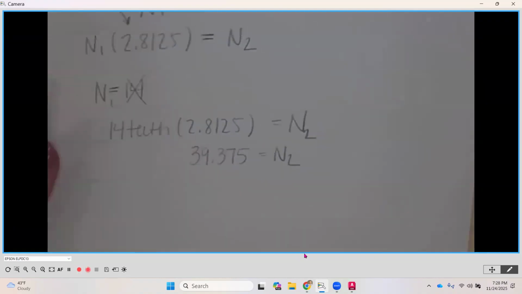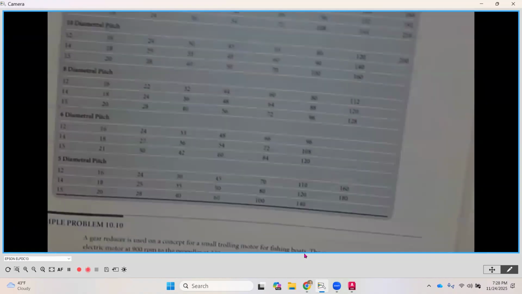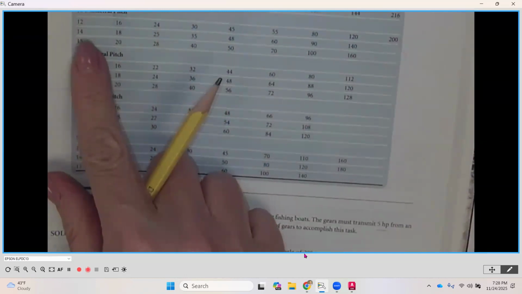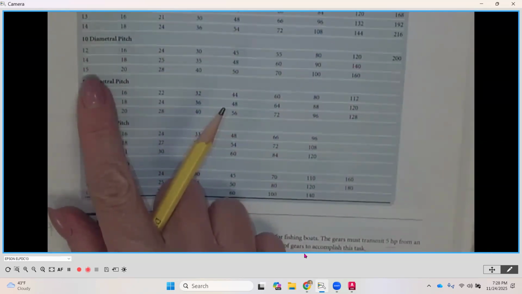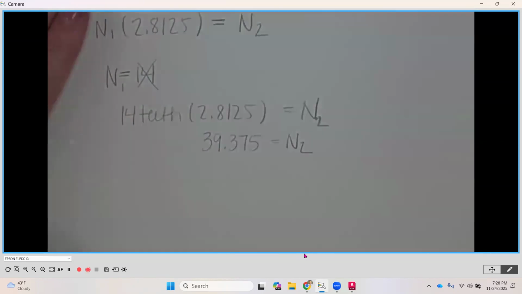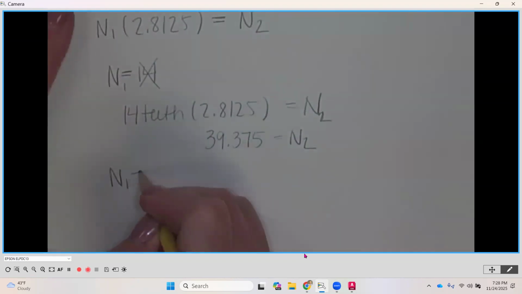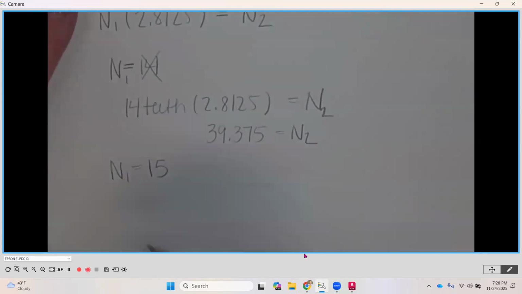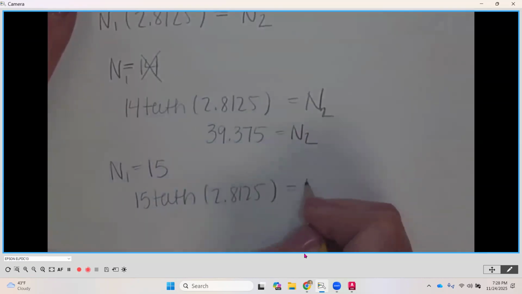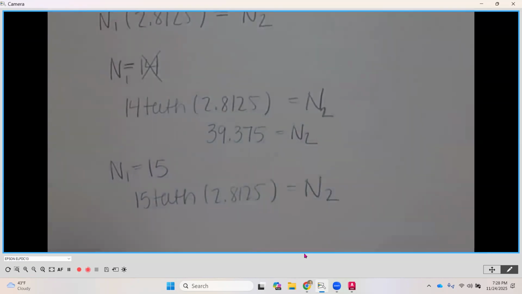Okay. So then we're going to do the same thing. We're going to go to our next number. If 14 doesn't work, maybe 15 will work. It's on the list. So I'm going to say N1 is equal to 15. I'm going to take 15 teeth times 2.8125 is equal to N2.